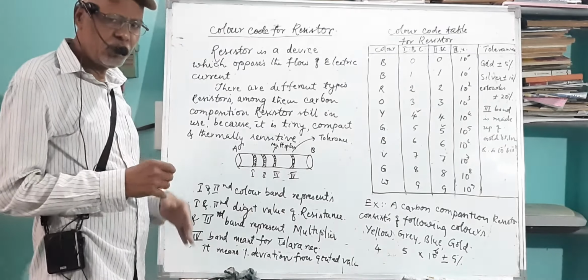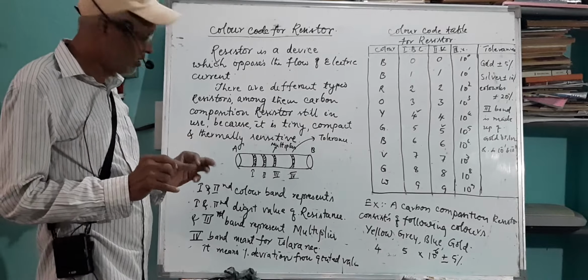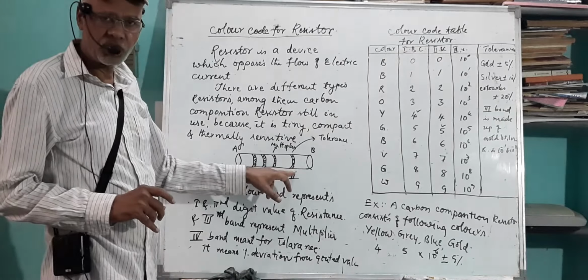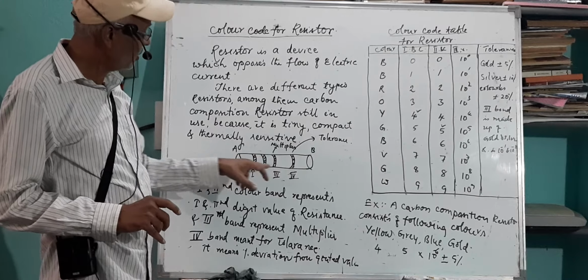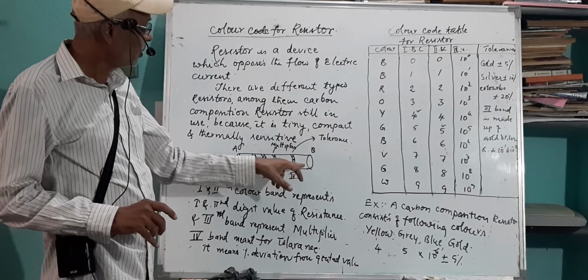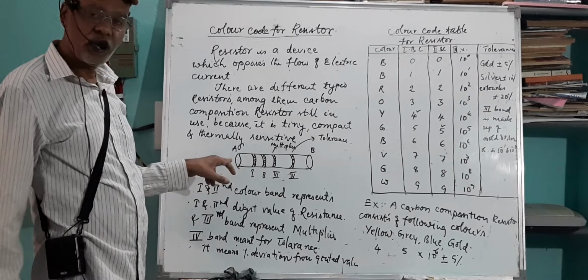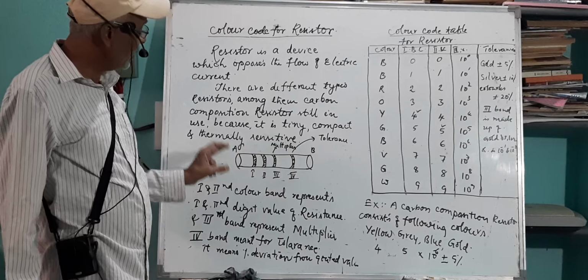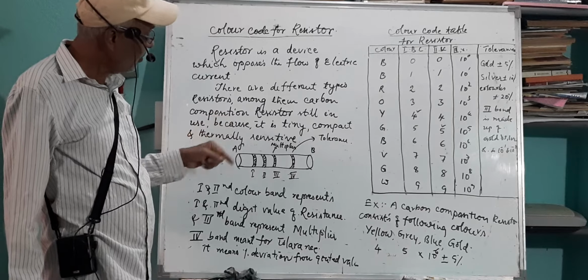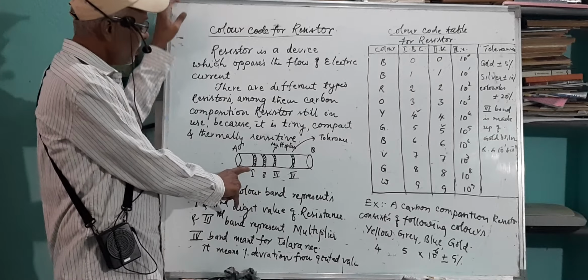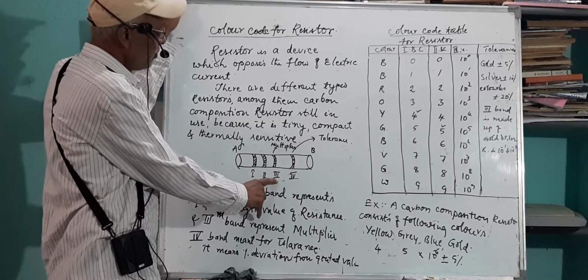When it is tiny, it is very difficult to print the resistance value over the resistor. So usually the carbon composition resistor is cylindrical, in the form of a cylinder. Over this cylinder there are circular color bands. This is the first band, this is the second band, third band, fourth band.